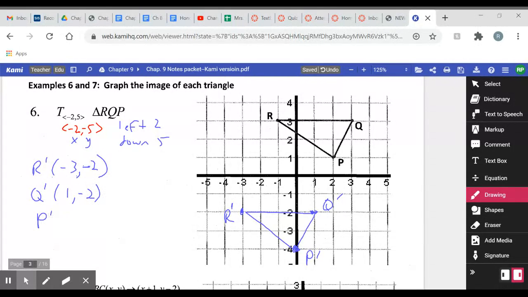And my new P is at 0, -4. Just make sure anytime you're naming an ordered pair, you're naming the X first and then the Y. And that's it for that one. So not too bad.